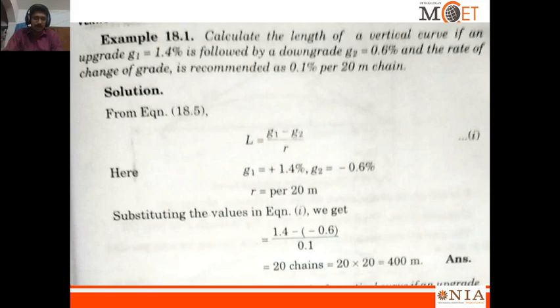G2 is downgrade, minus 0.6%, and the rate of change they have given us per 20 meter chain is 0.1. If you substitute all the values, you will get 20 chains. One chain is 20 meter. We obtain 400 meter as the length of the vertical curve.